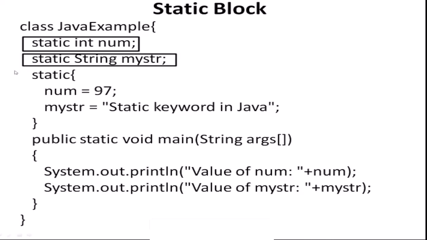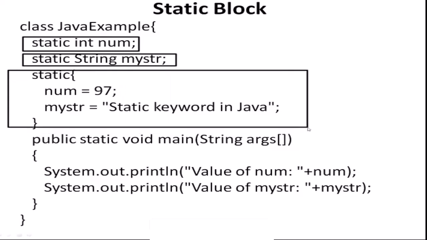Now here you are going to declare the static block. Within the static block, we have assigned values. The integer is already declared, so now assigning number equal to 97, and assigning myStr equal to, with a string always starting with double quotes, static keyword in Java.